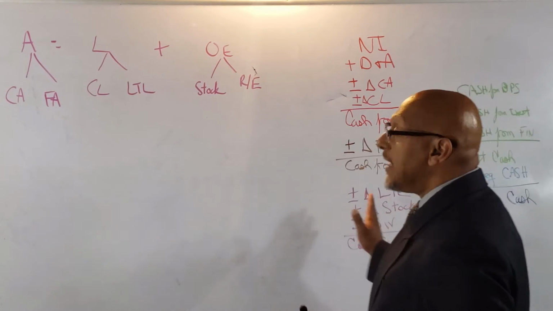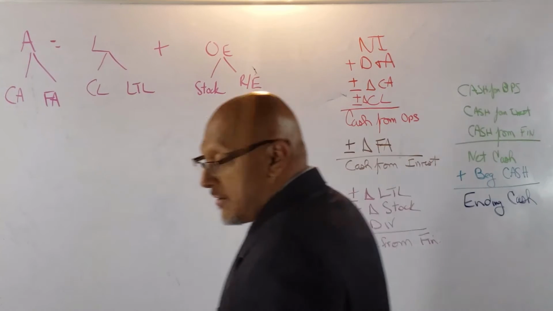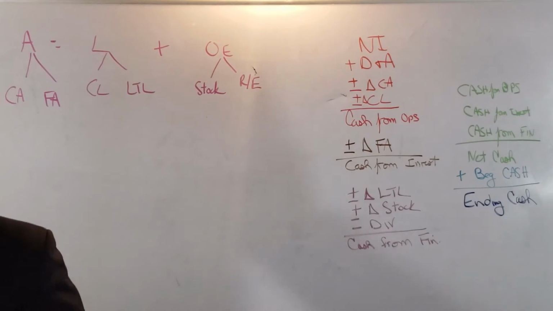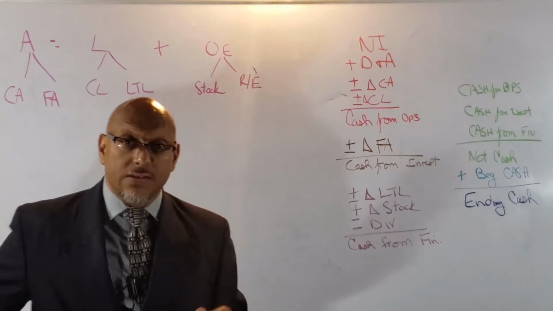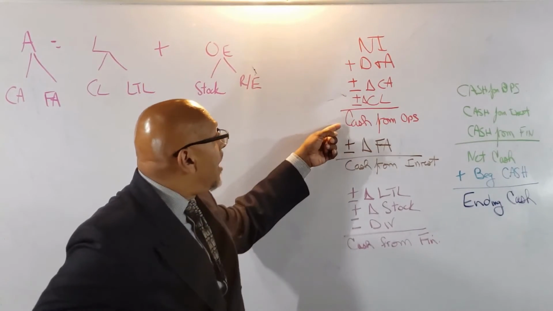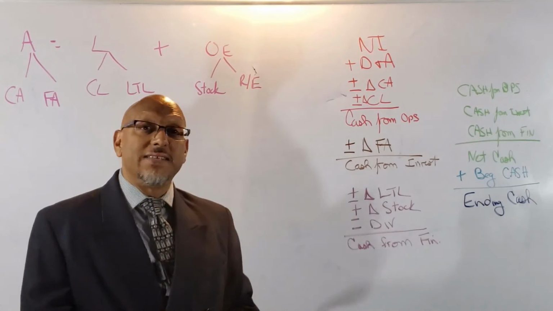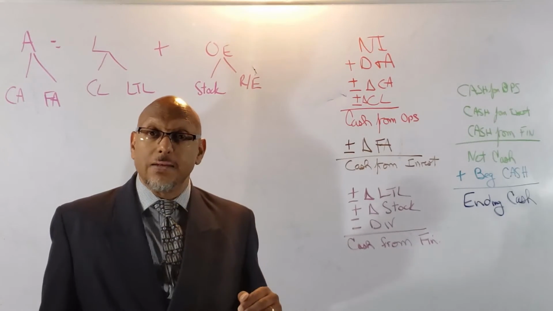How does that relate? Well, the cash flow statement has three distinct sections. We have cash from operations, cash from investing, and cash from financing.